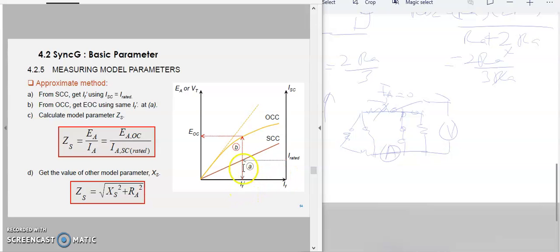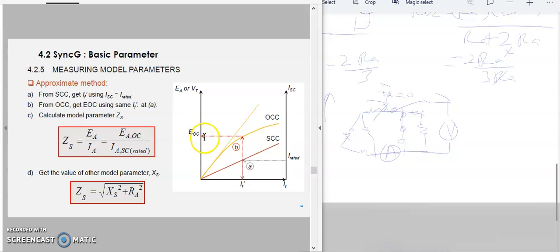Then you shoot up to the open circuit voltage value. This will become your EA open circuit, the internal generated voltage of your open circuit system. And from the short circuit current at rated, going to the left, you get the IF.